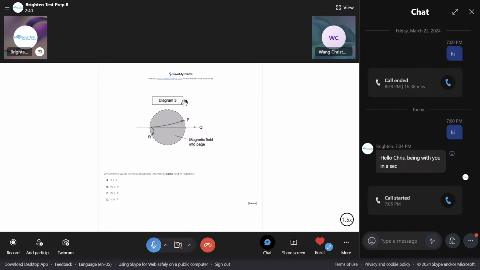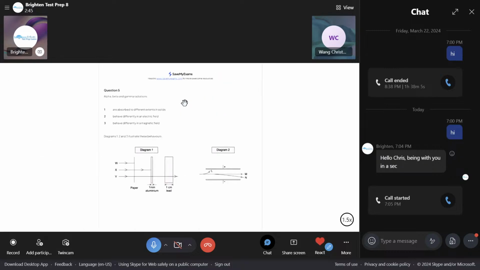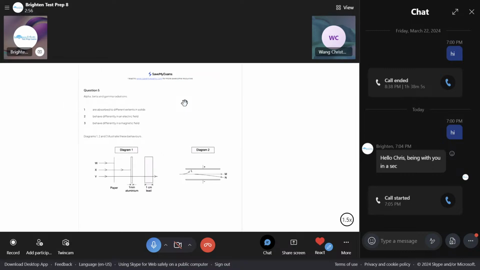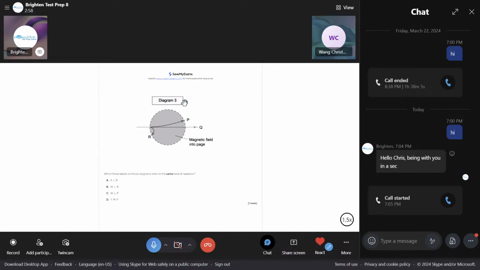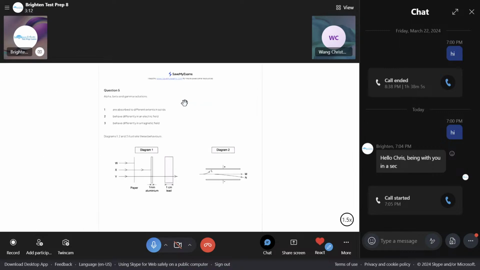So it's a multiple combination question, actually, if you want to say so. We have not necessarily looked into the magnetic and electric field behavior. So, would you have any idea, Chris?